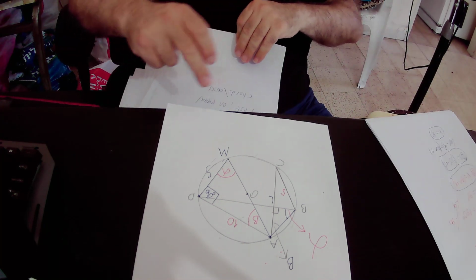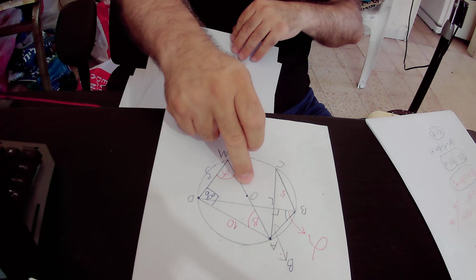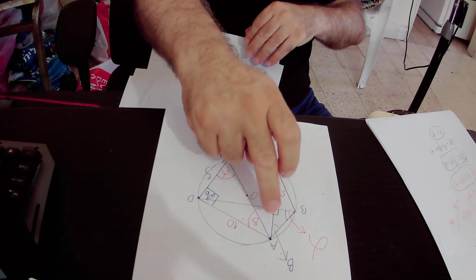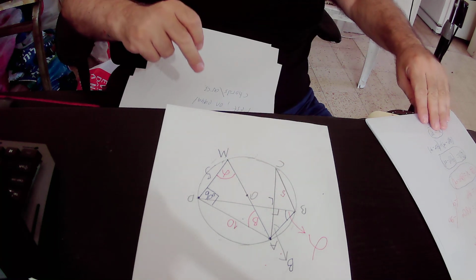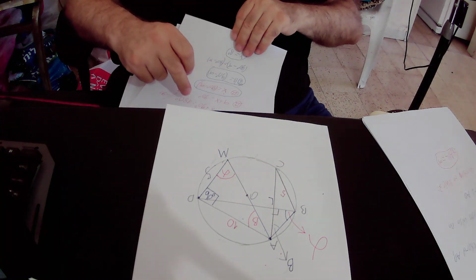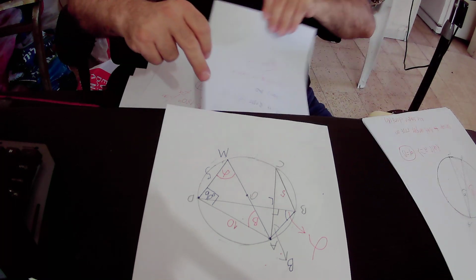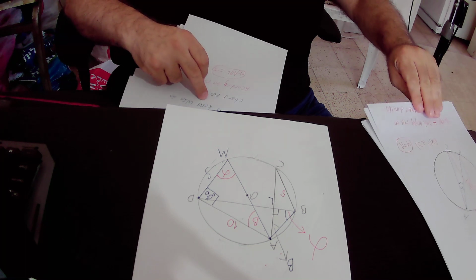And point O is the center of the circle, and this angle ALB equals 90 degrees, and we want to find out the radius of this circle.